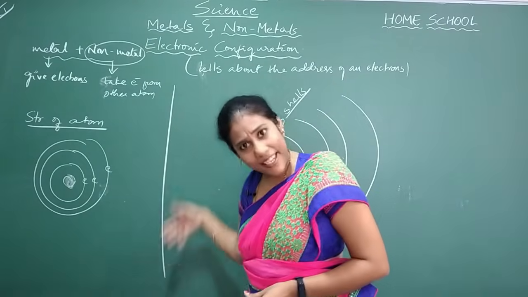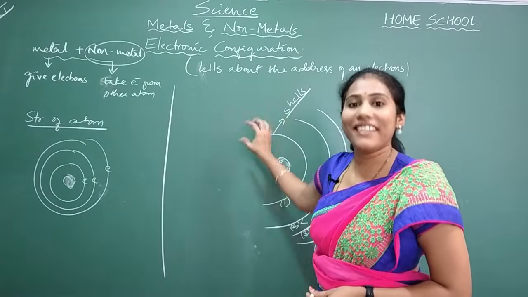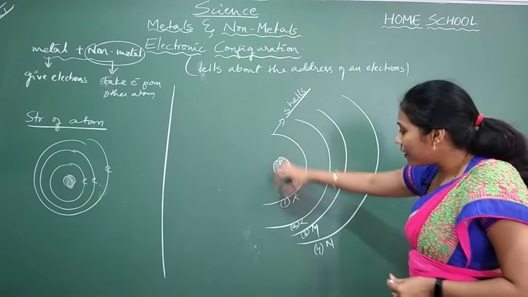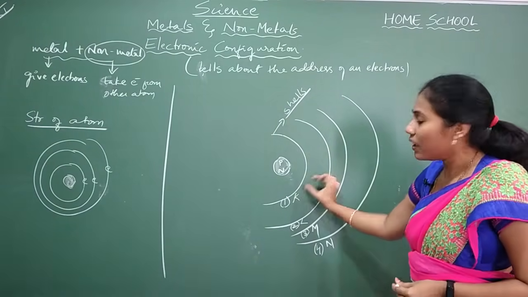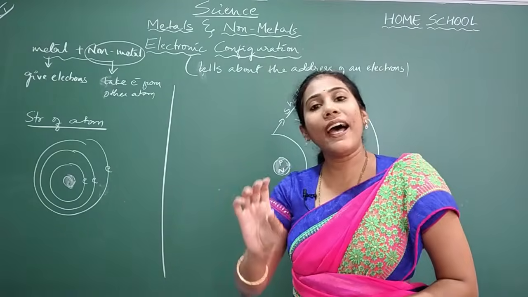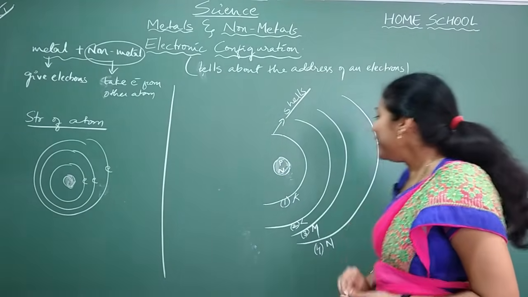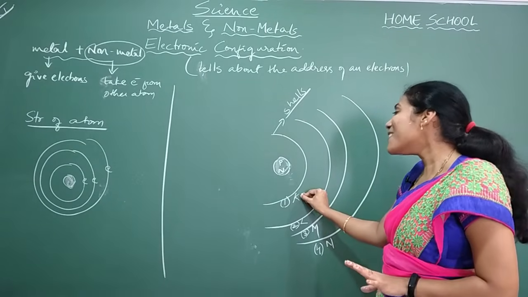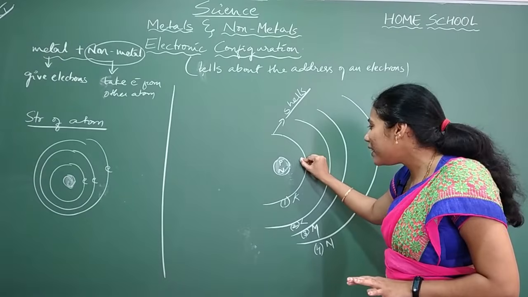In the same way, we are giving the address for an electron. Imagine this is one full taluk, K taluk. K taluk will also have colonies. And K taluk is a very small taluk, it has only one colony.